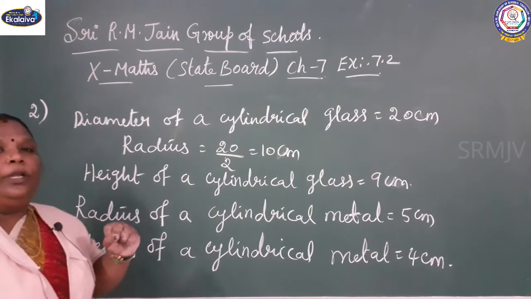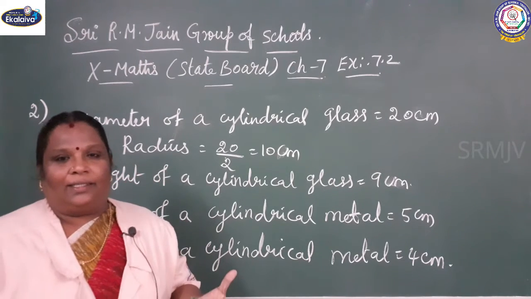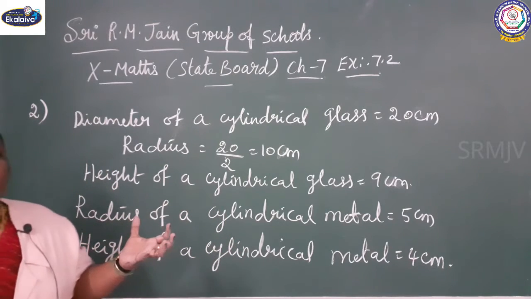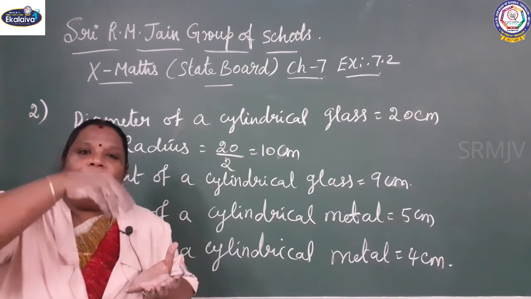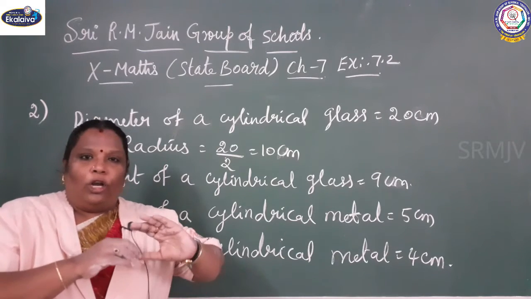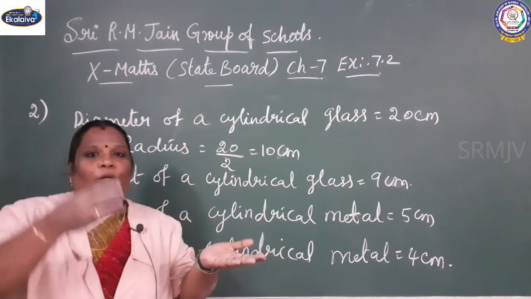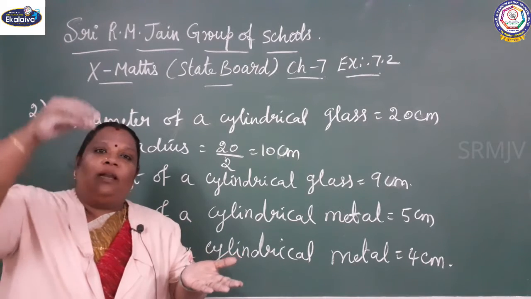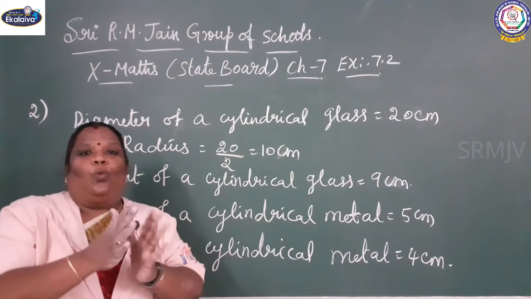Now you should find out the volume of water displaced. The volume of water displaced is equal to the volume of the cylindrical metal immersed into the water.